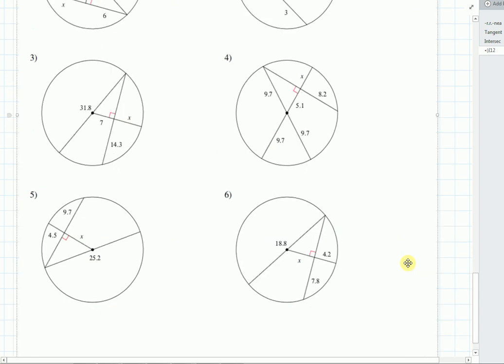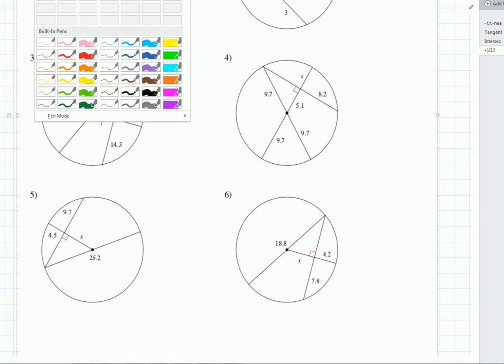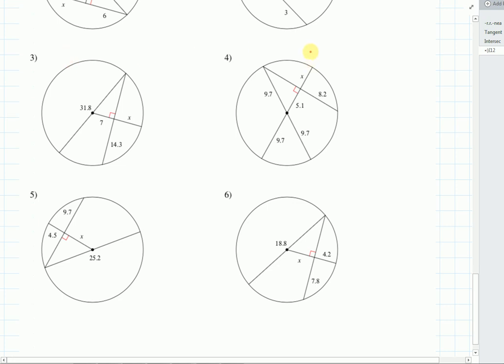Now we're looking at another question where we've got two chords crossing. There's one and there's the other one. We now know that this one's got 8.2 on both sides, and this length here is a total of 14.8.